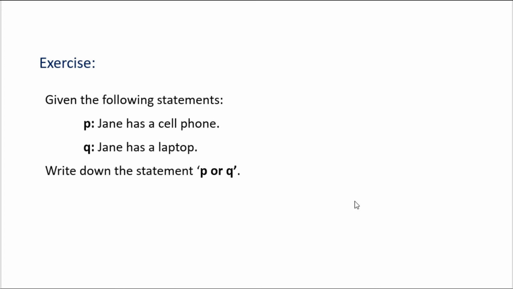Moving on, in the next example, we are given the statement P, Jane has a cell phone. Statement Q, Jane has a laptop. We have to write down the statement P or Q. In this case, we have to combine the two statements P and Q into one statement, but this time we are using the connecting word or.